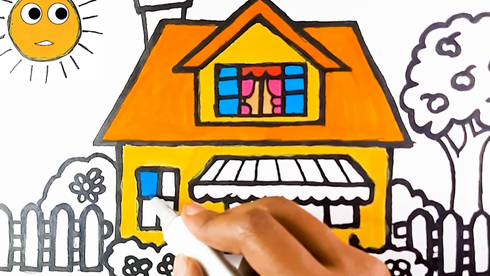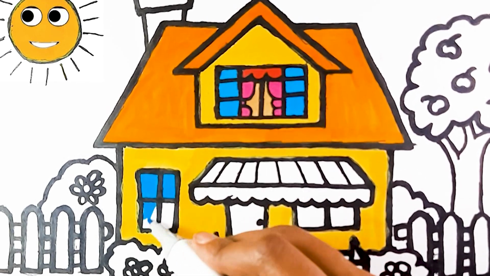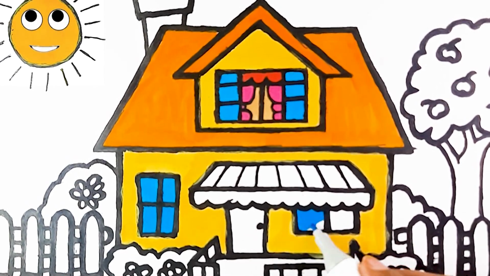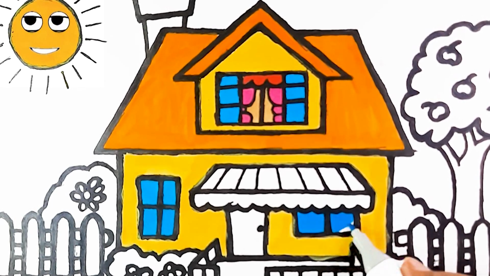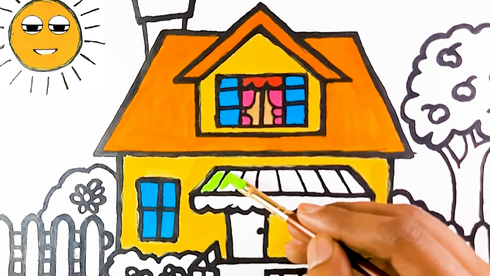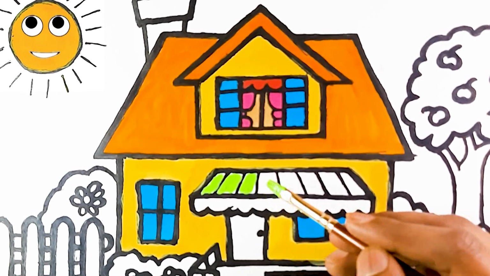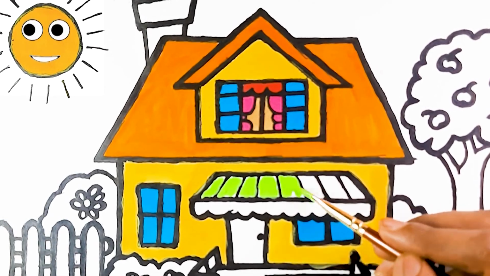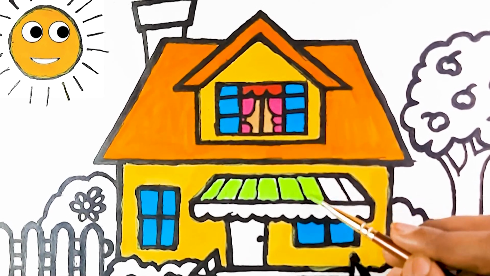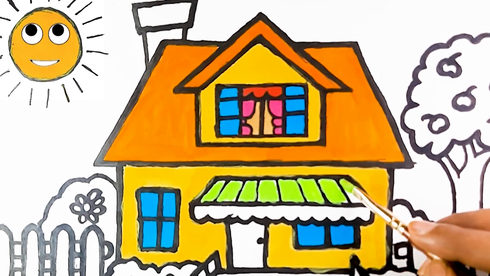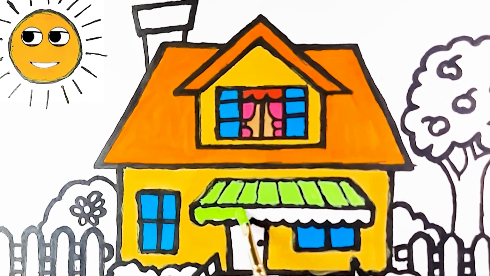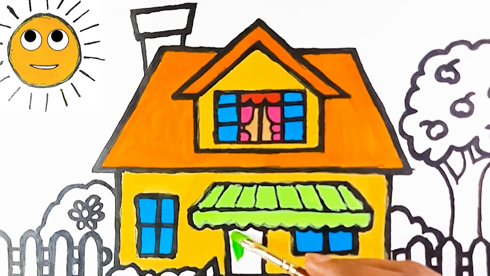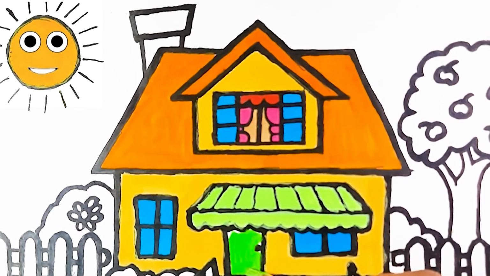Window glasses are in blue color. I am using light green color in the porch. And the house door is in dark green color.